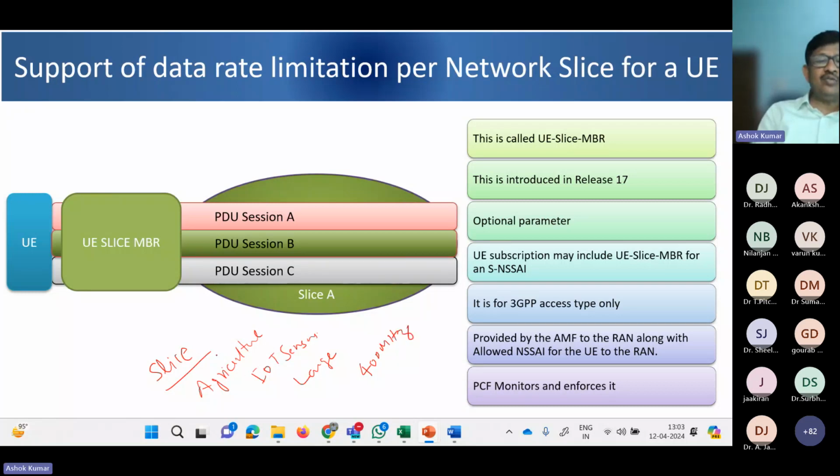So if I'm trying to create a slice for agriculture, then I will definitely be using spectrum on the lower side, 400 megahertz, because otherwise I may not be able to cover the entire area. So this is how you have a relation with the spectrum or frequency. Is it clear, or shall I give another example?